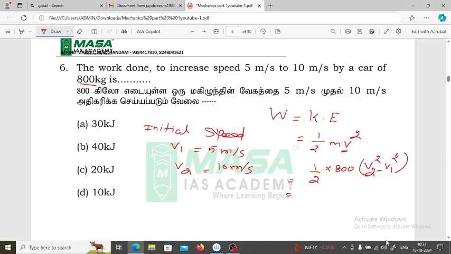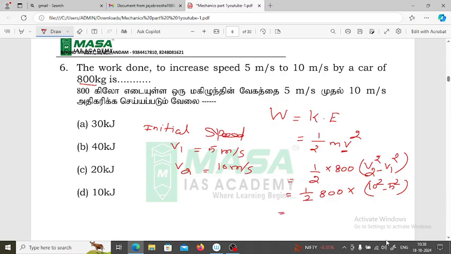Now we substitute all the values. Half into 800, final velocity minus initial velocity is said to be change in velocity. What is v2 square? v2 is 10 square and v1 square means it is 5 square.